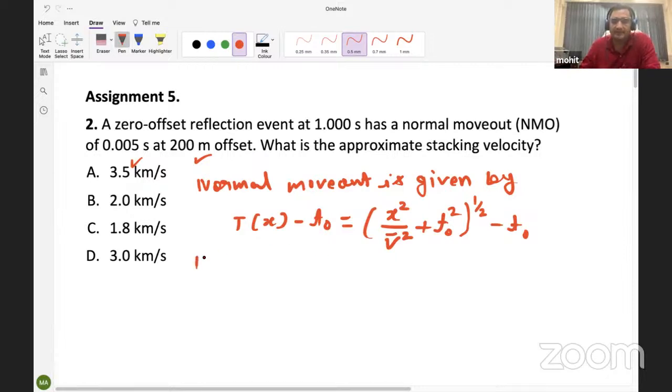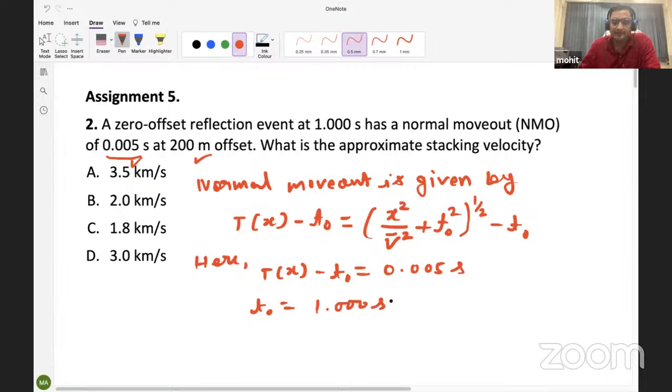And here in this question, Tx minus T naught is given. You can see from the question that it is 0.005 second. And the value of T naught is also given, that is 1 second, or 1.000 seconds.